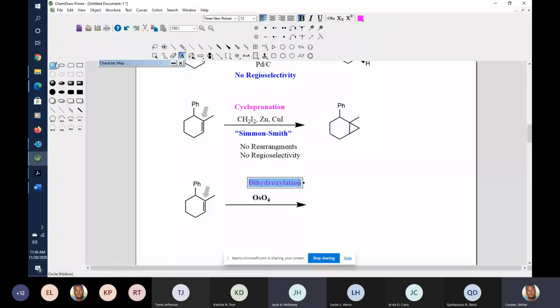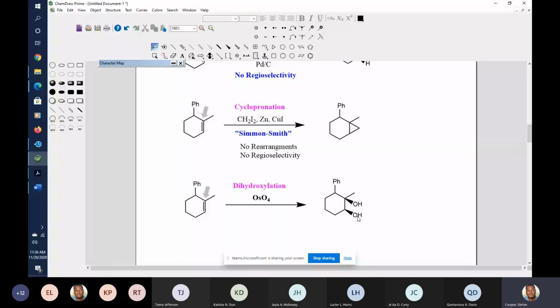So what does that mean? What's going to happen? My starting compound is going to have two OHs added to it now, hydroxide OH. So I'm going to get my wedges here. I'm going to have an OH here and another OH there.